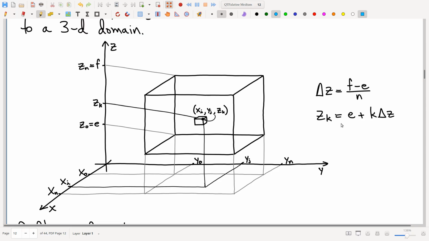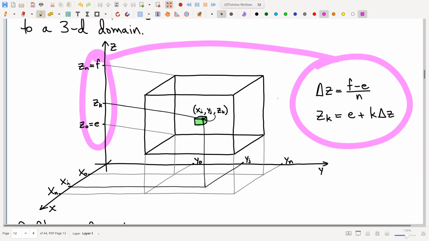Well, break it up into little pieces. When you slice in the various different directions, you will, among other things, be slicing up the z-axis. And so, yes, you do have to write down corresponding new formulas for delta z and z sub k, et cetera.